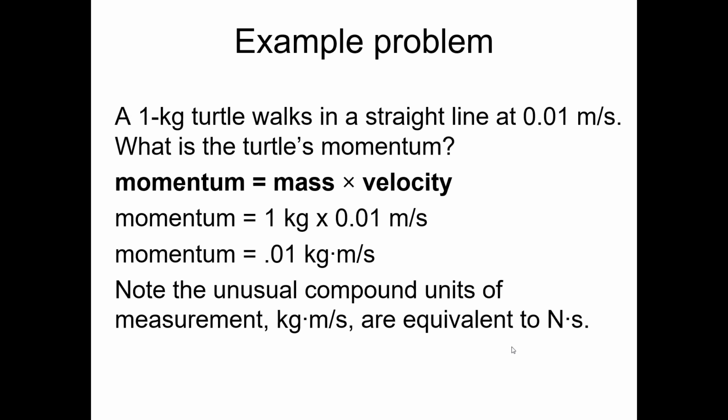So the kilogram times meter divided by second is actually equivalent to a Newton times a second. It might come in handy, a little fact there. So 1 kilogram meter per second is the same as 1 Newton second. Either one of those are acceptable units of momentum.